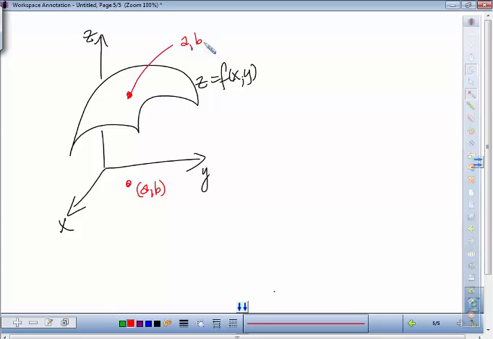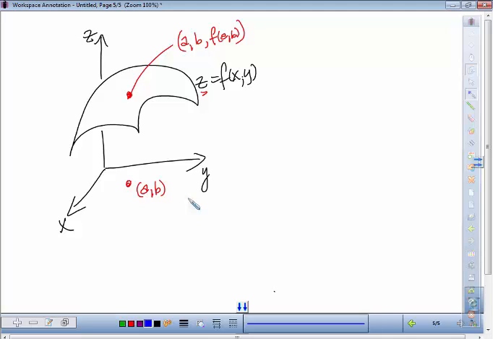Let's say we had this point on the surface. And remember that the z value is the z value of the function evaluated at that point. Now, it turns out there's a special set of points with all the same z value.